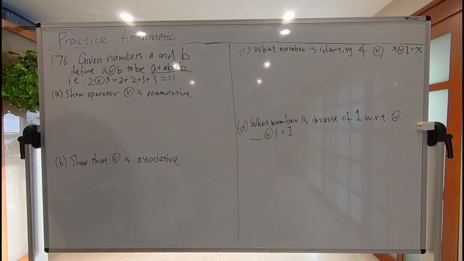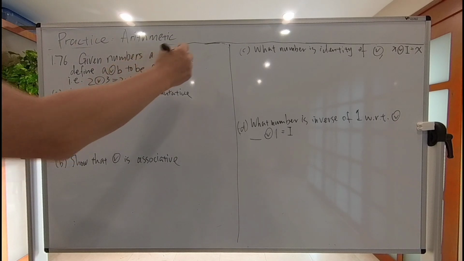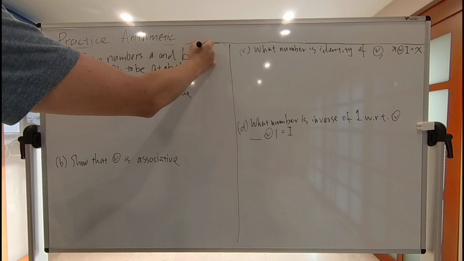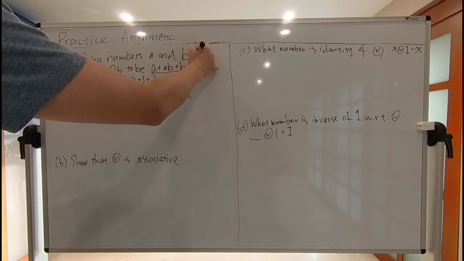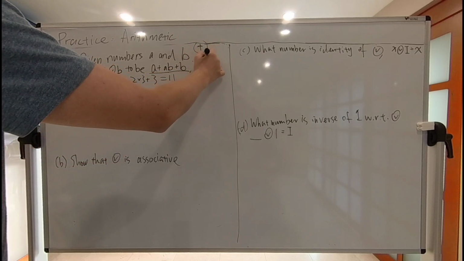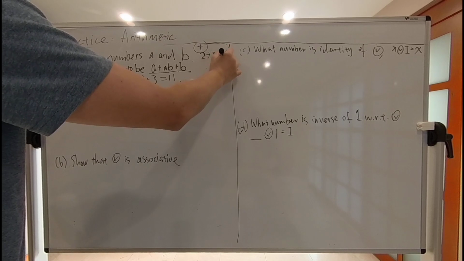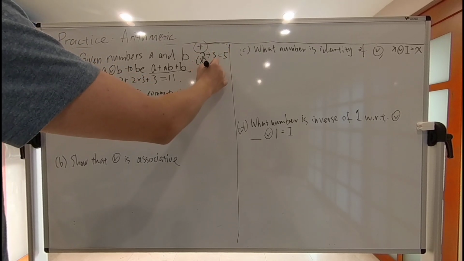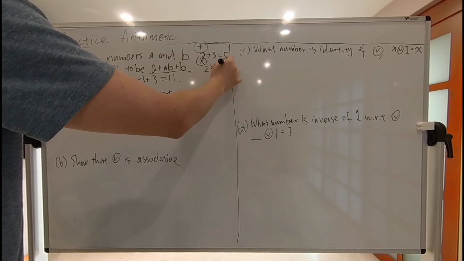So before we get into this question, an operator simply means, for example, the plus sign is one operator, so you would have 2 plus 3 equal to 5, or multiplication is an operator, so 2 multiply 3 equal to 6, right?